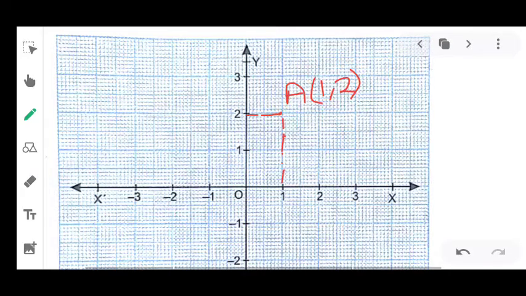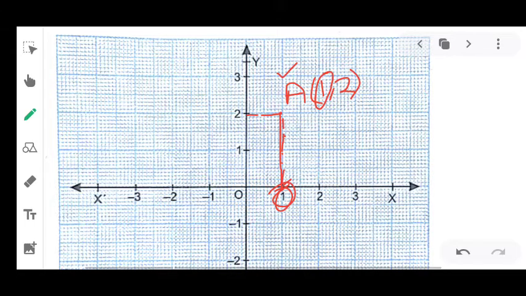Now this line intersects the x-axis at 1. So the x coordinate, or abscissa, of this point will be 1. So the first one is the abscissa of the point A, or we can say x coordinate.